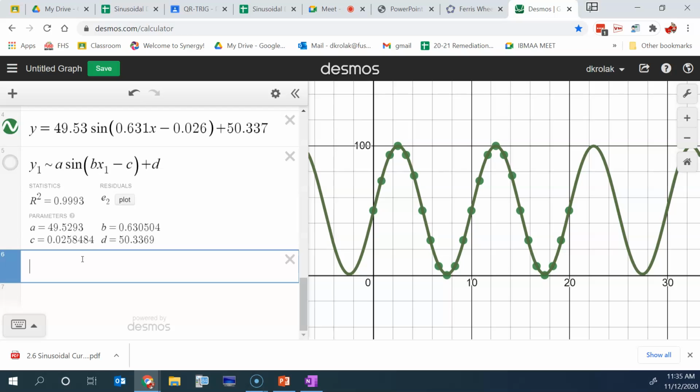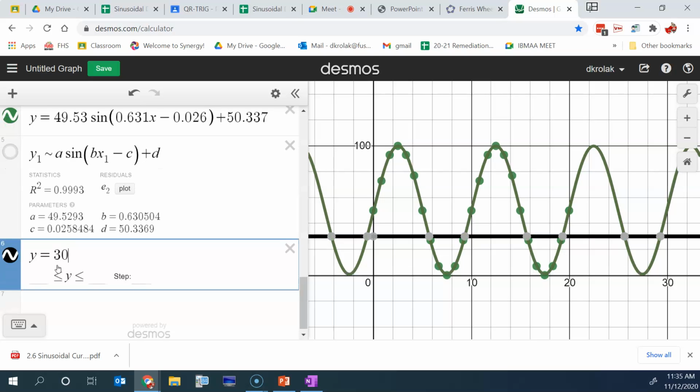All right, last part. At what times are you 30 meters above the ground? So now you're looking for 30 on the y-axis. So you're going to type y equals 30.